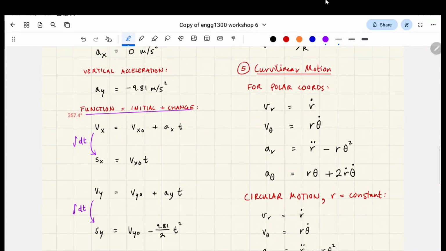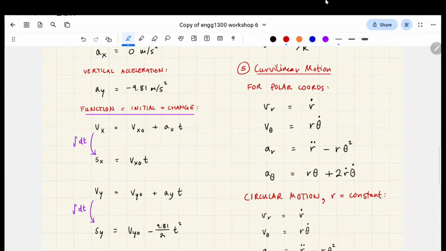What I like to remember is the function is equal to the initial plus the change. So the function for the horizontal velocity is equal to the initial horizontal velocity plus the change, which is the acceleration multiplied by time.